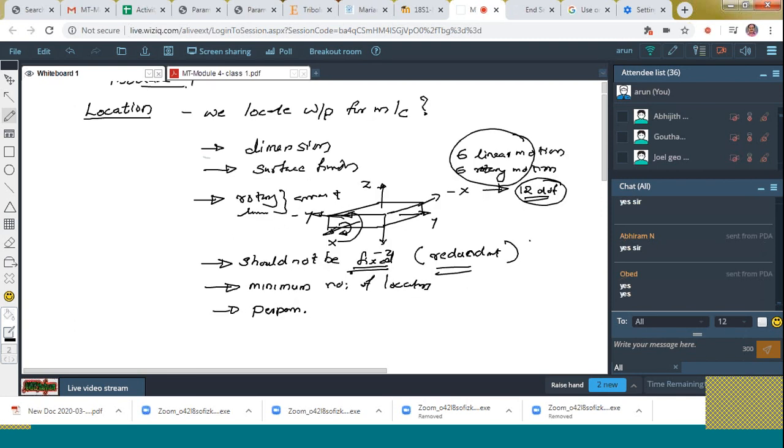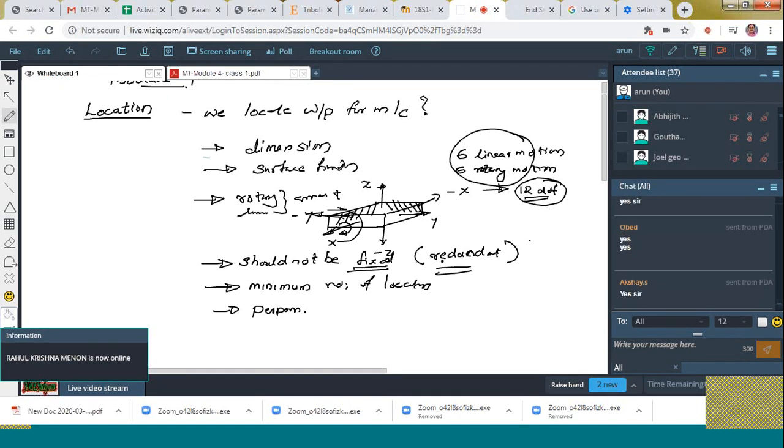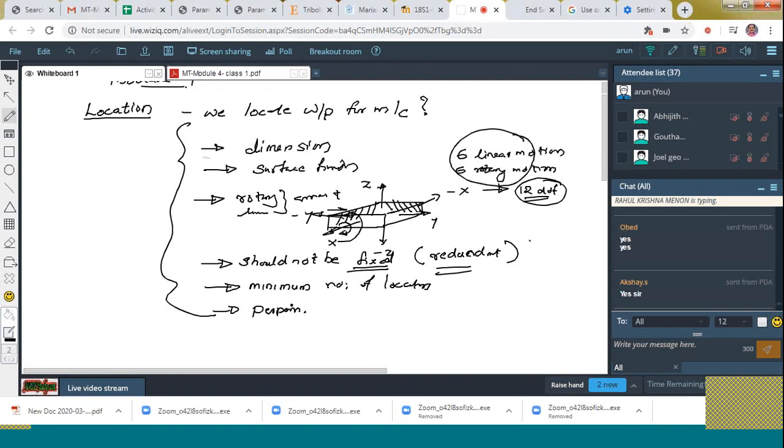If I want to arrest the motion along the minus y-axis, it should be perpendicular to the minus y plane, that means this plane. If I want to arrest the motion along the x-axis, it should be perpendicular to this plane. Like that, it has to go on. So these are the conditions for why we locate the workpiece during a machining operation. Up to this clear to all?